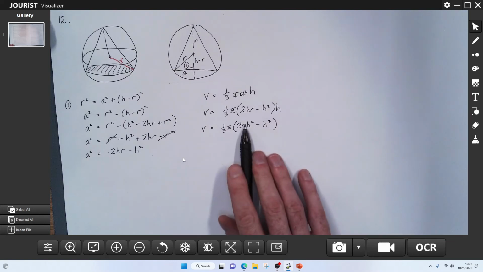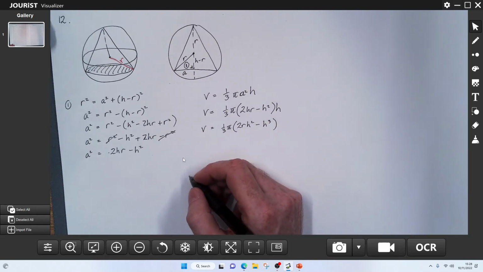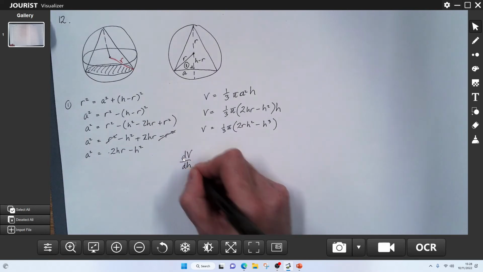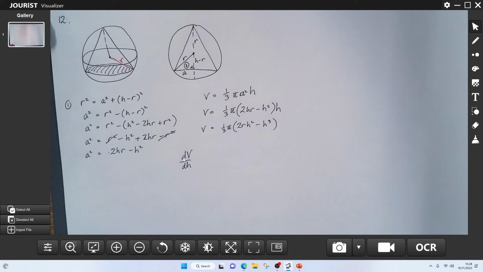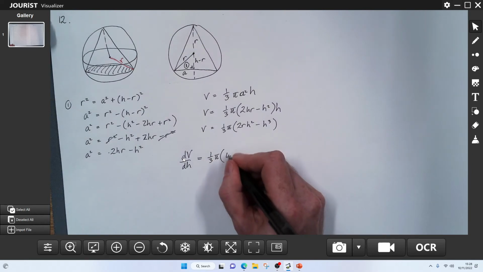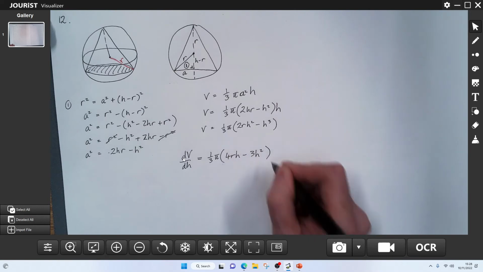Now r is a constant, a certain number, so we differentiate V with respect to h. So dV/dh equals one third pi times (4rh minus 3h squared).